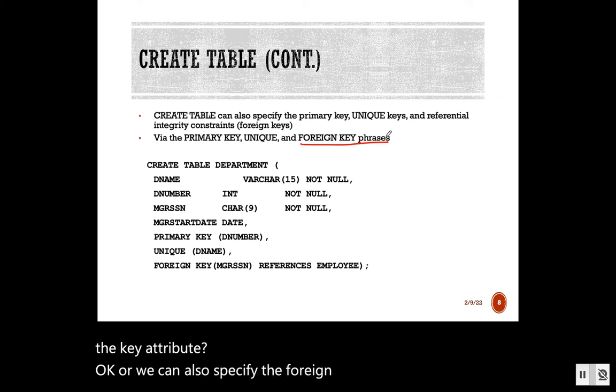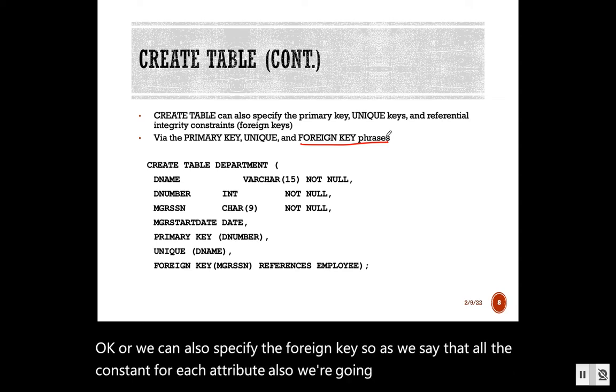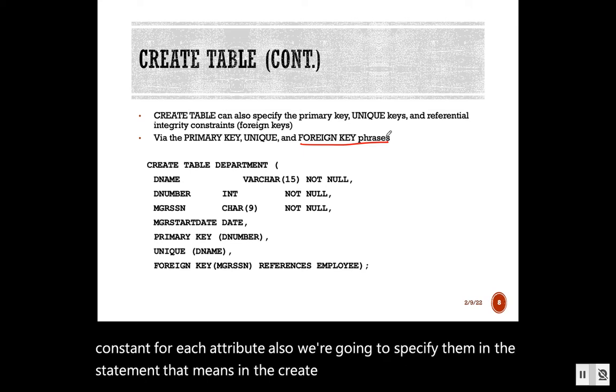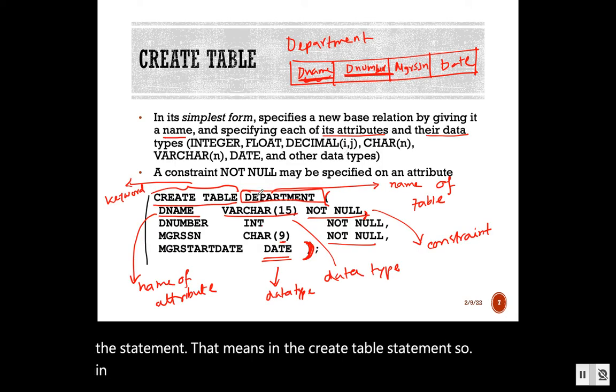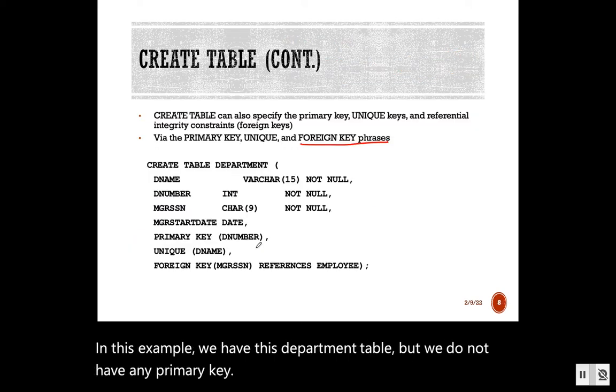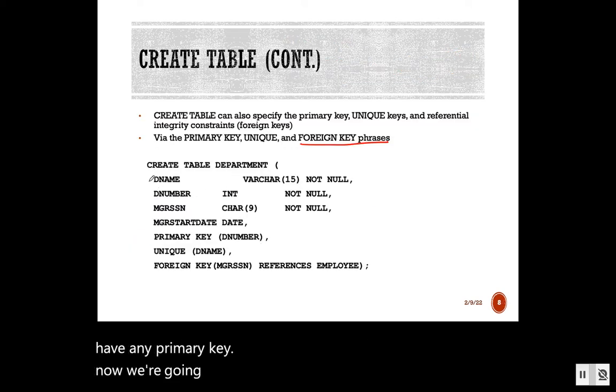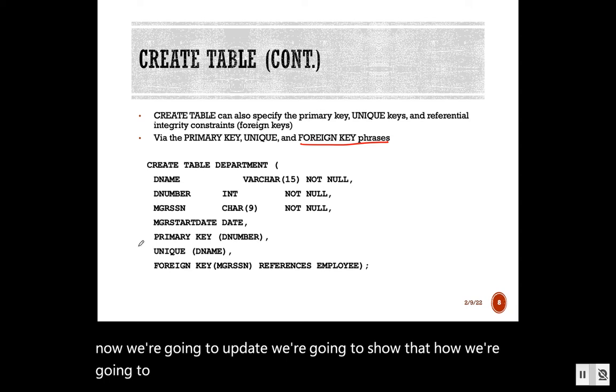As we said, all the constraints for each attribute we also specify in the DDL statement, that means in the create table statement. In this example we have this department table, but we do not have any primary key. Now we are going to show how we incorporate the primary key and foreign key.